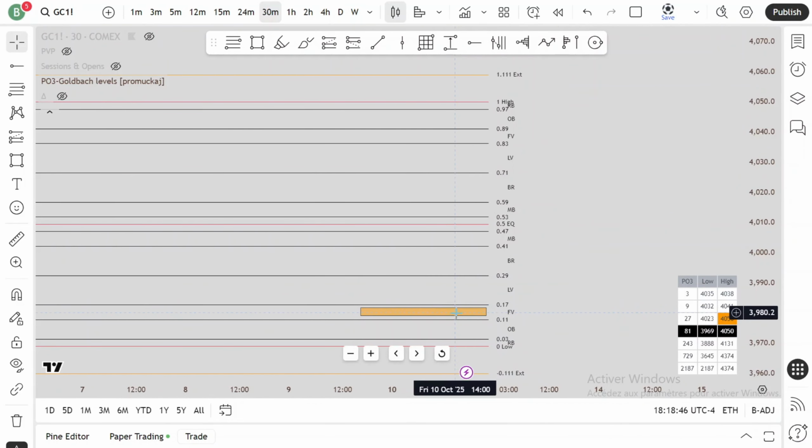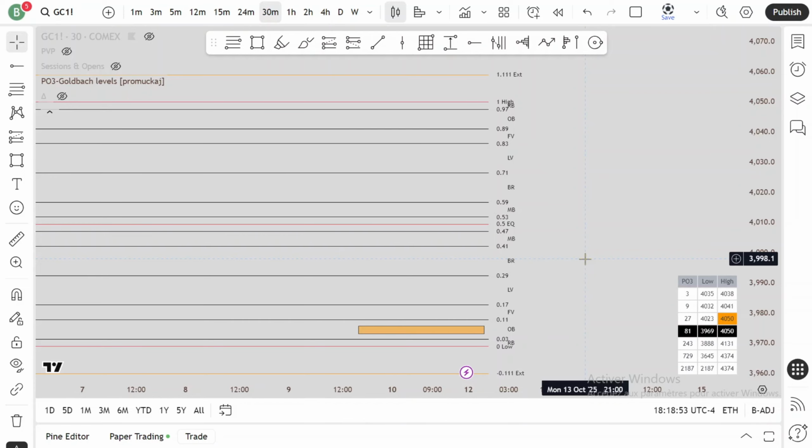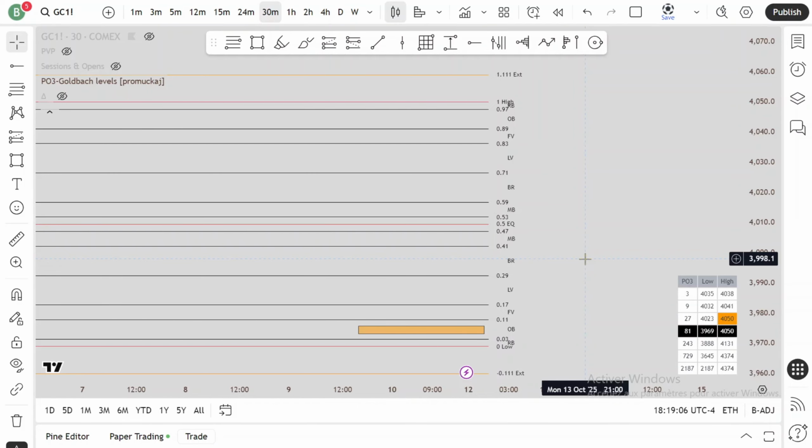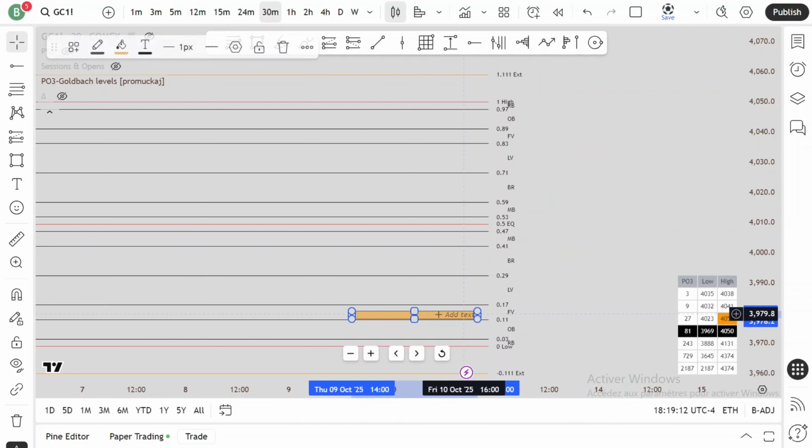If it prints, for example, in the breaker partition or in the order block partition, we don't assume it will hold. We assume it should not hold, based on Goldback theory. But if it's printed into the fair value gap partition, it will hold.